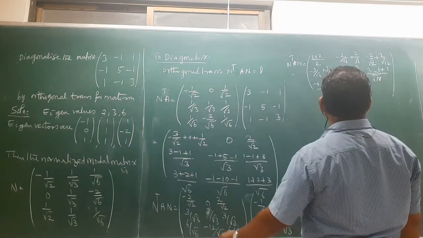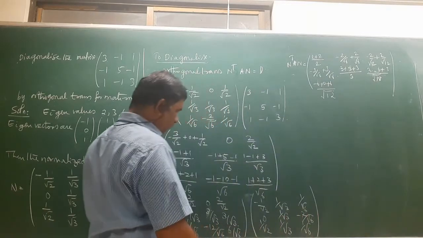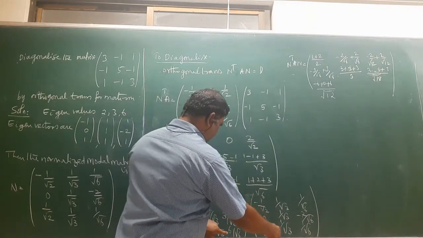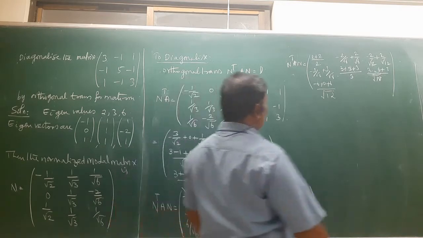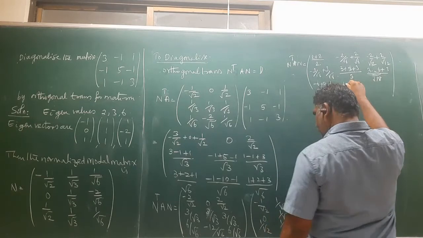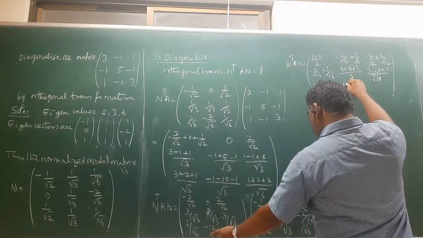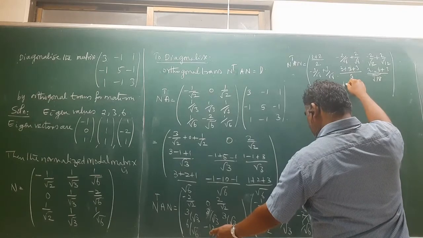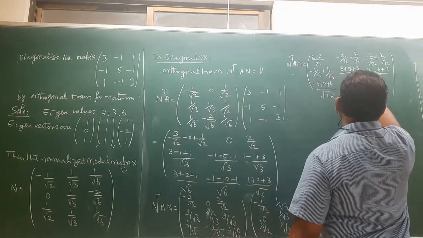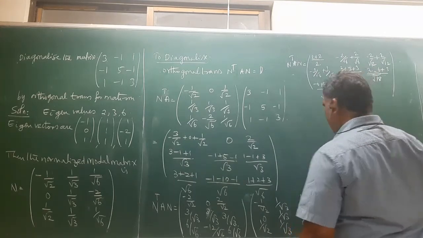Second one is 6 plus 6 minus 12 plus 6 by root 18.